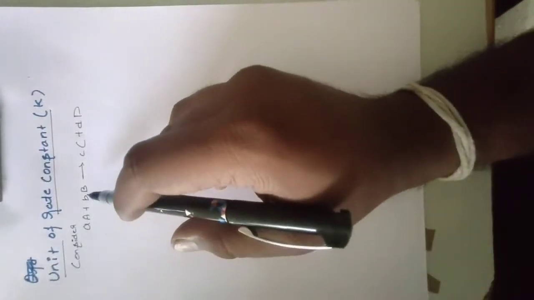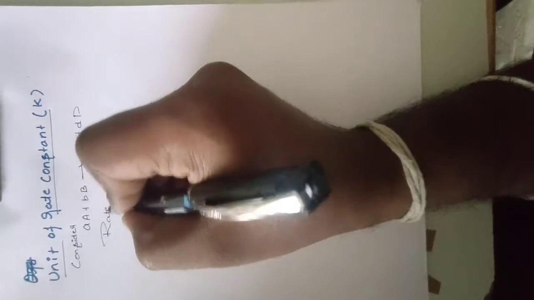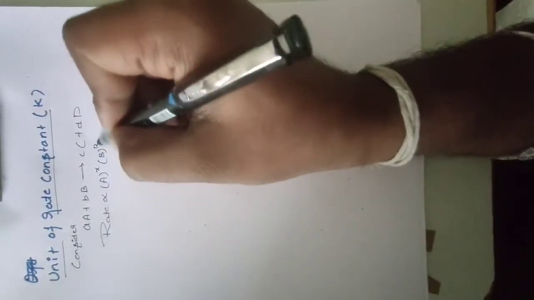In this, consider the reaction A + B gives C + D. If you write the rate according to the law of mass action, the rate is directly proportional to the concentration of A and the concentration of B, that is, the concentration of the reactants.